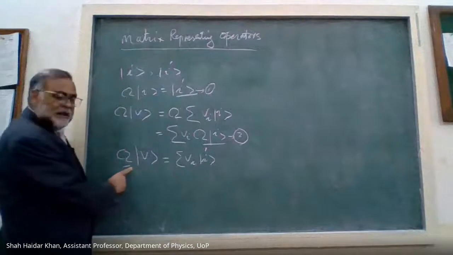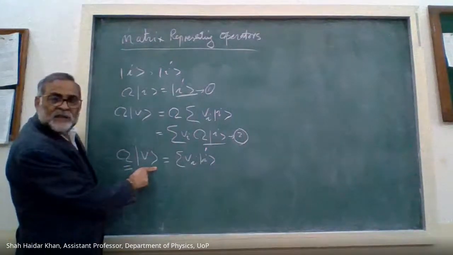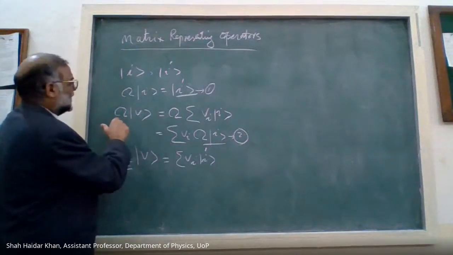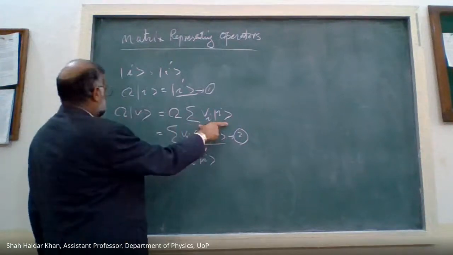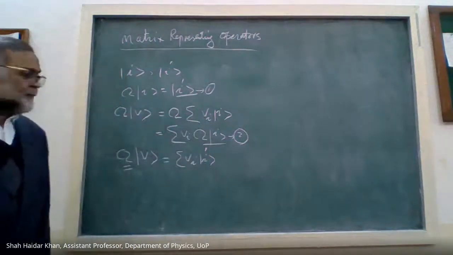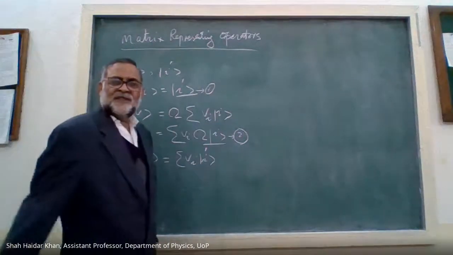It acts on a vector which has some components along an original basis i. So we got those components, but we got a new vector.